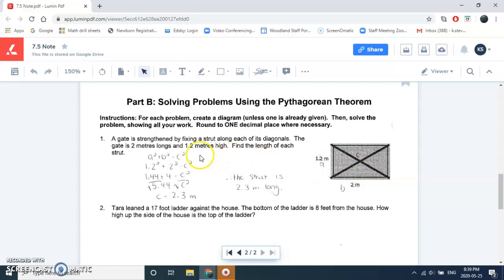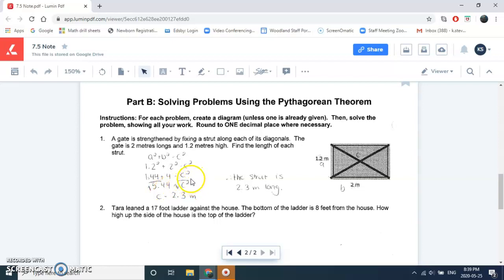So a squared plus b squared equals c squared. So 1.2 meters squared plus 2 meters squared will give us c squared. 1.2 squared will give us 1.44, plus 2 squared, which is 4. So we have 5.44, and we need to take the square root.